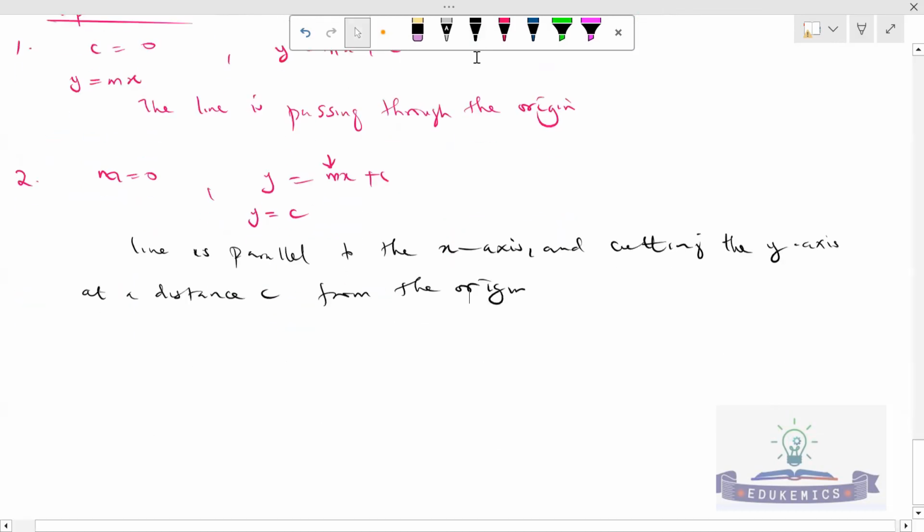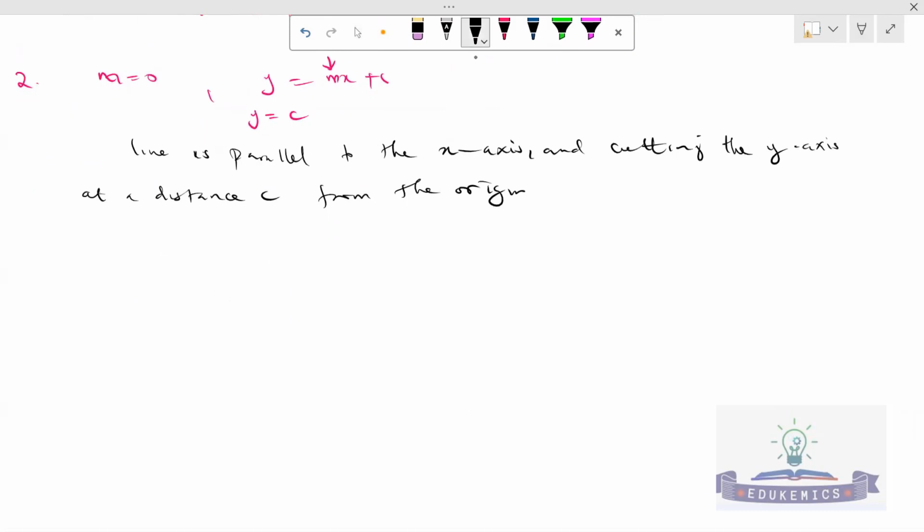Another case is when the slope m equals 1. When m equals 1, we mean that the angle is 45 degrees, because tan 45 degrees gives 1. So with y equals mx plus c, we have y equals x plus c.